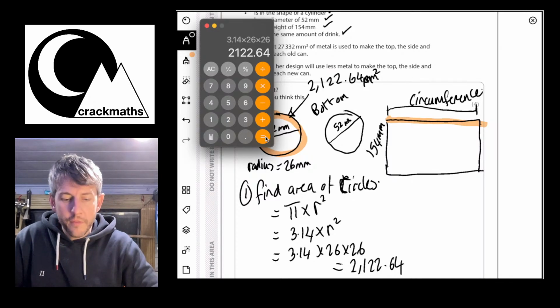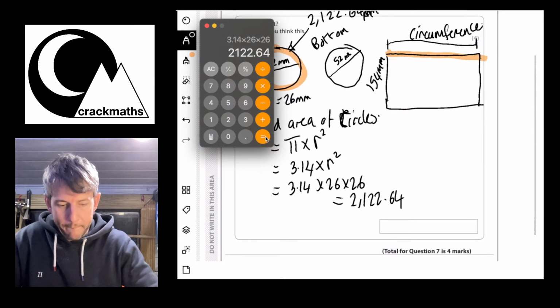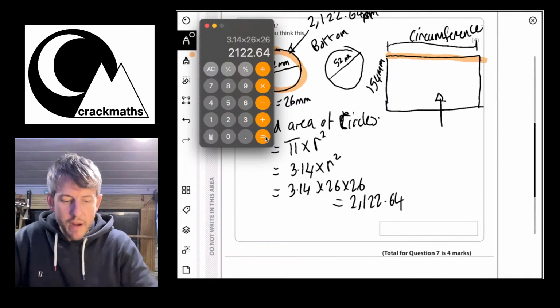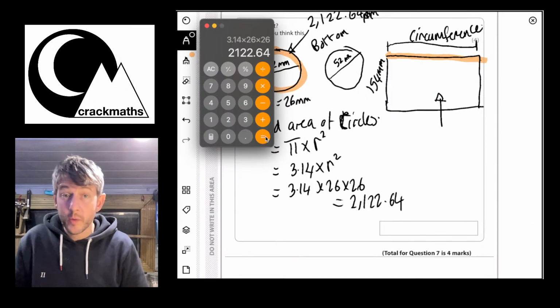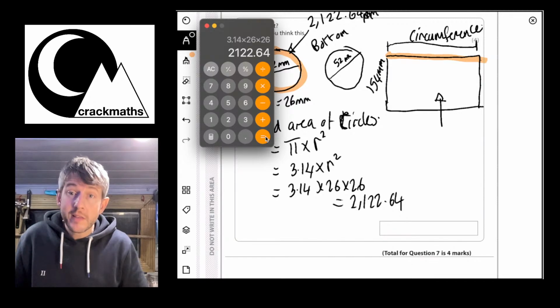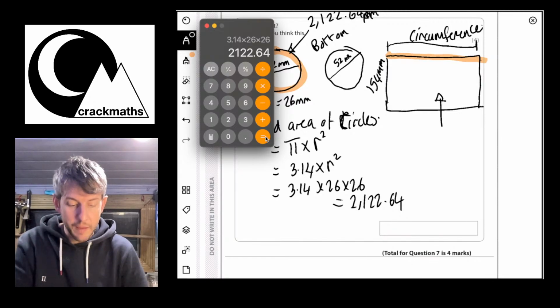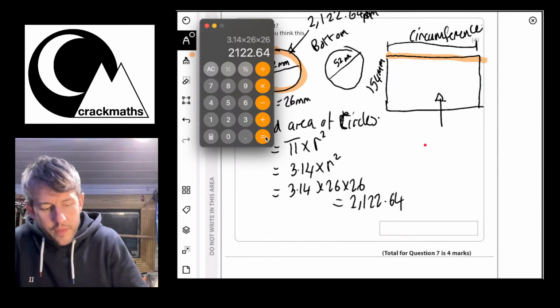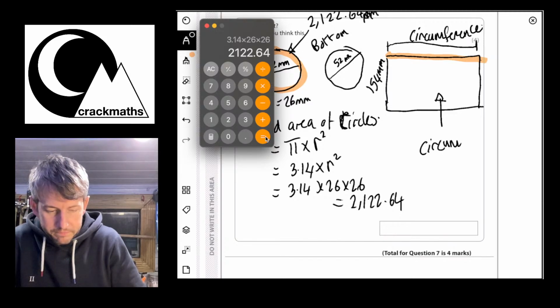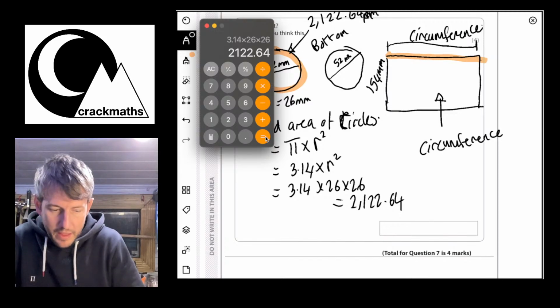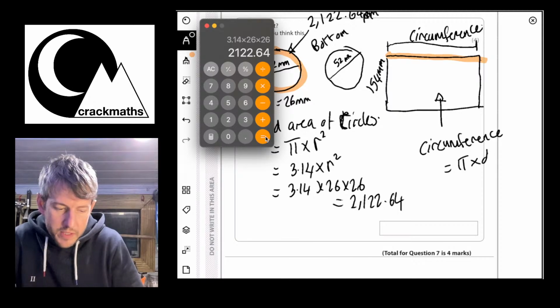Now the area of this bit here is a rectangle. So area of a rectangle is length times width. But before we can do the length times width, we need to find the circumference. So we need to know that the circumference equals pi times diameter.